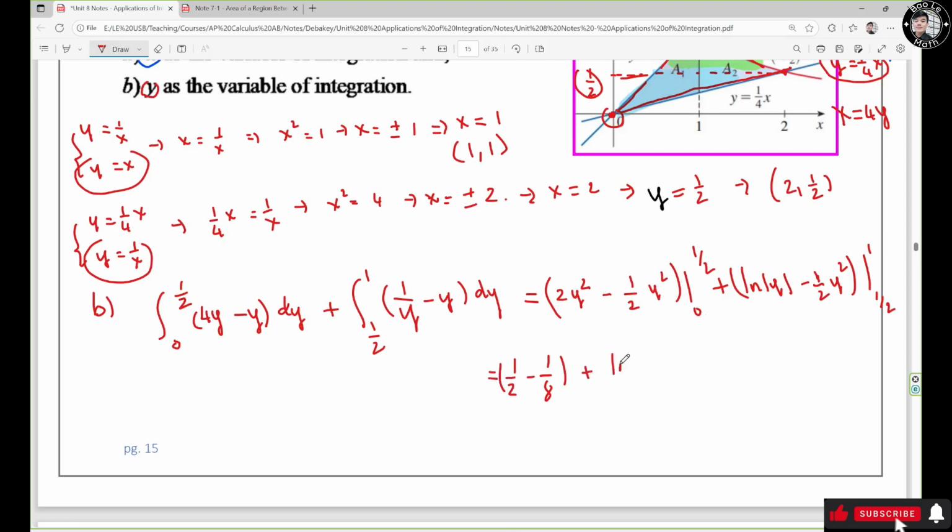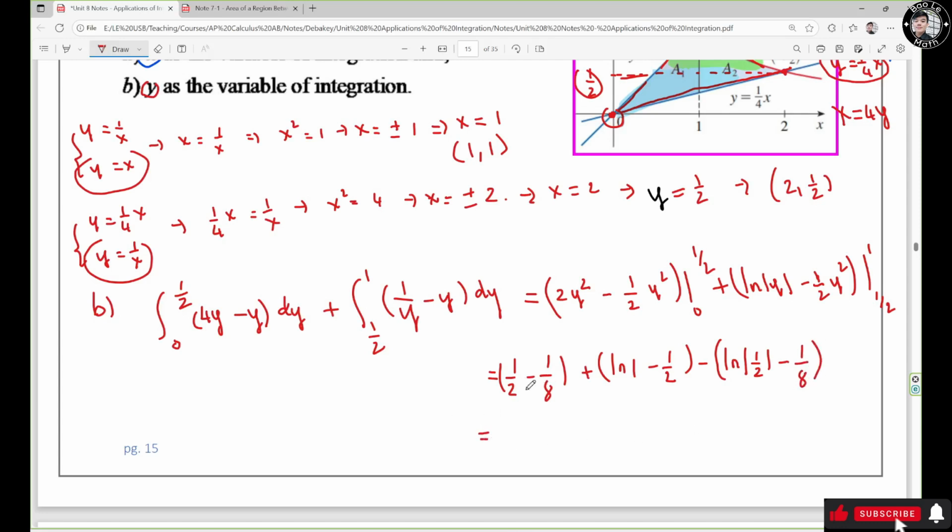You have the natural log of 1. Substituting 1 over here is going to be negative 1 over 2. Subtract, substitute 1/2, it's going to be the natural log of the absolute value of 1 over 2. Substituting 1/2 for y is going to be 1 over 4. And then it's going to be negative 1 over 8, right?